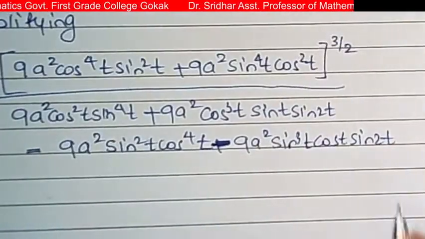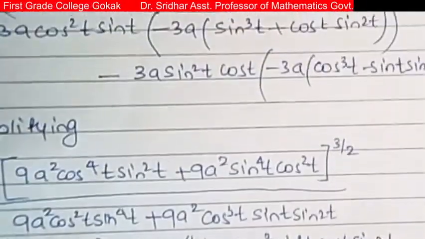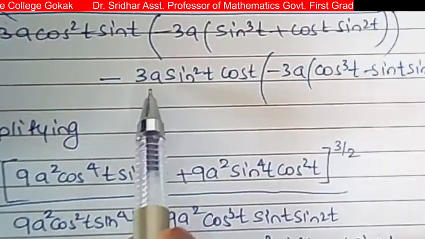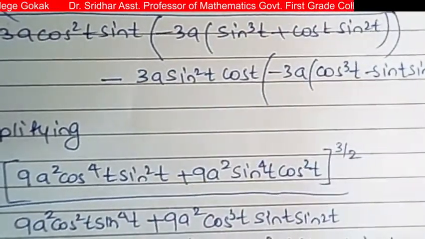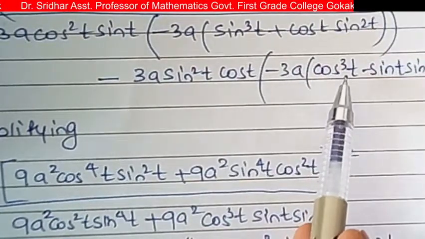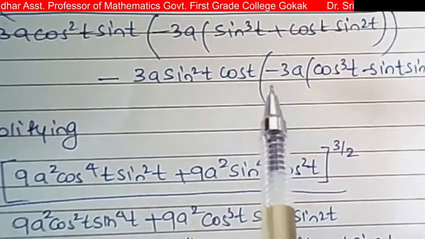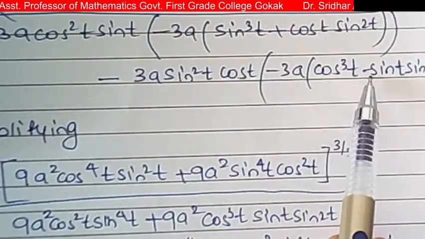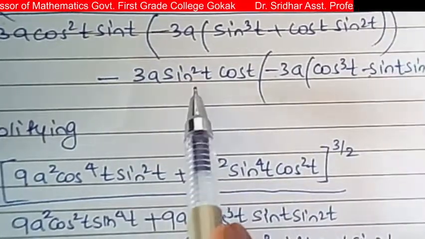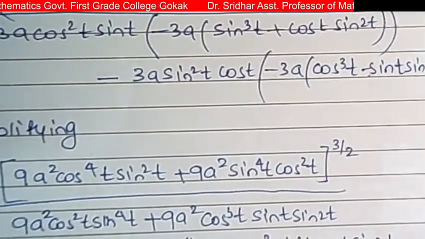So first I multiply this into this. So minus 3a into minus 3a plus 9a square plus 9a square, then sin square t into cos cube t, cos t, it becomes sin square t cos raised to 4t. Then this minus into minus becomes plus, then plus into minus, minus 9a square, then sin square t into sin t, sin cube t, then cos t into sin 2t.